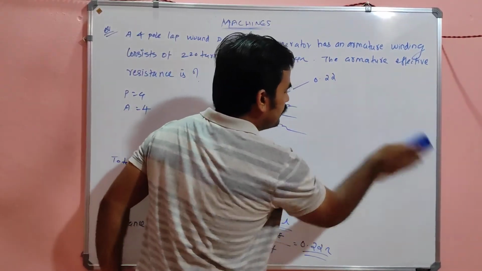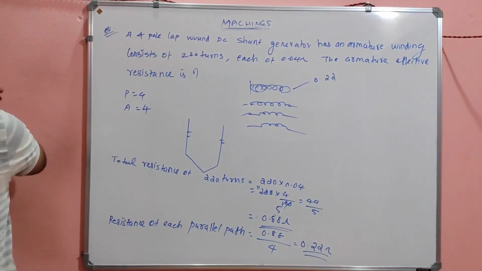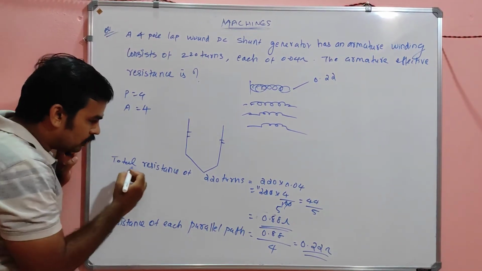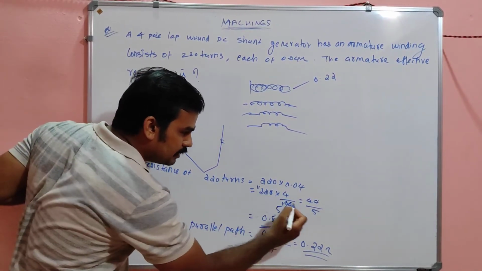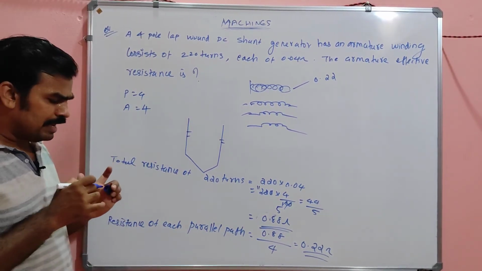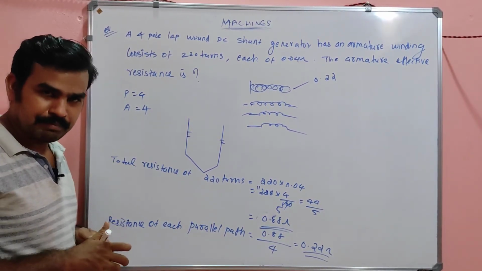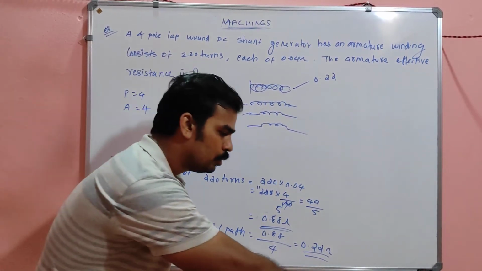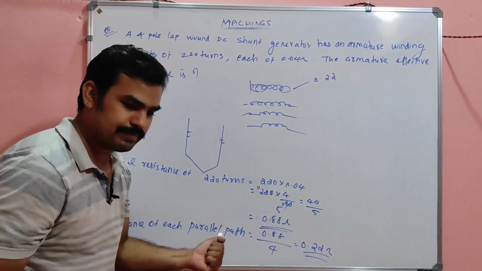Don't worry. Come to the question itself, not other questions. Total resistance of 220 turns is nothing but, my dear, 0.88. You have to make it into 4 parallel paths, which means you take 4 equal bunches.